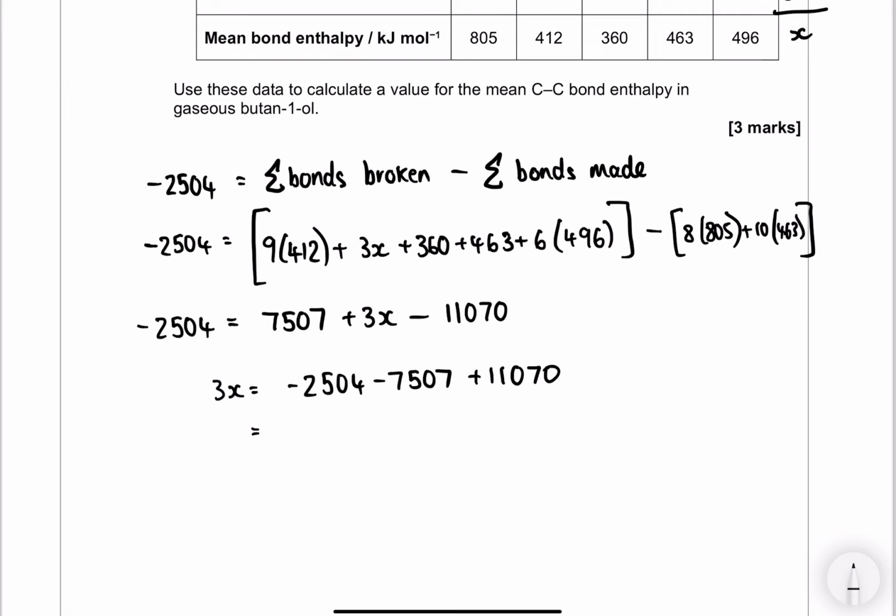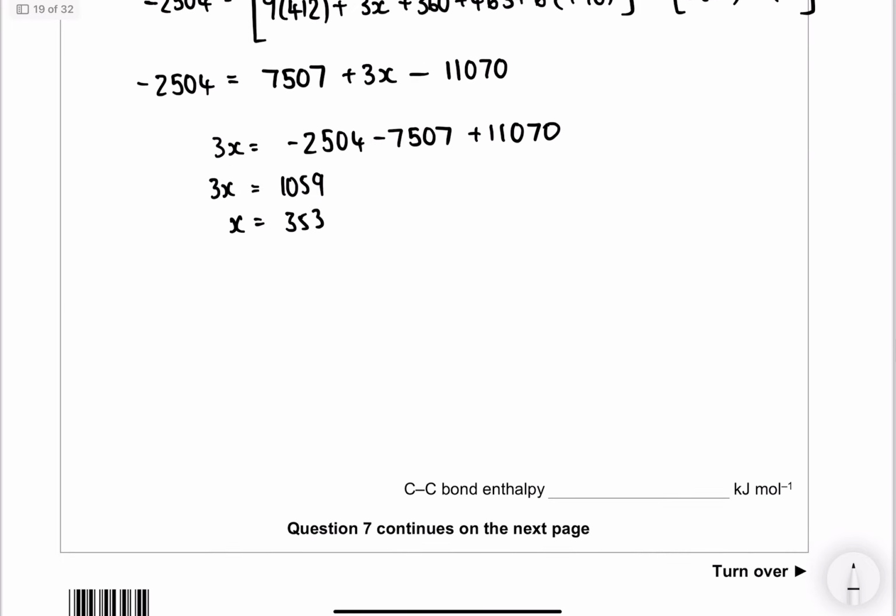So put that on your calculator, and you get that 3x equals 1059. And so then if you divide that by 3, you get 353 for the value of a CC bond.